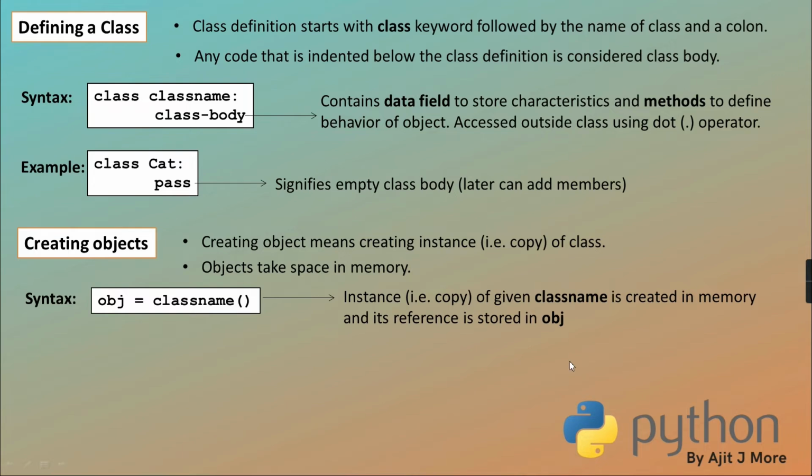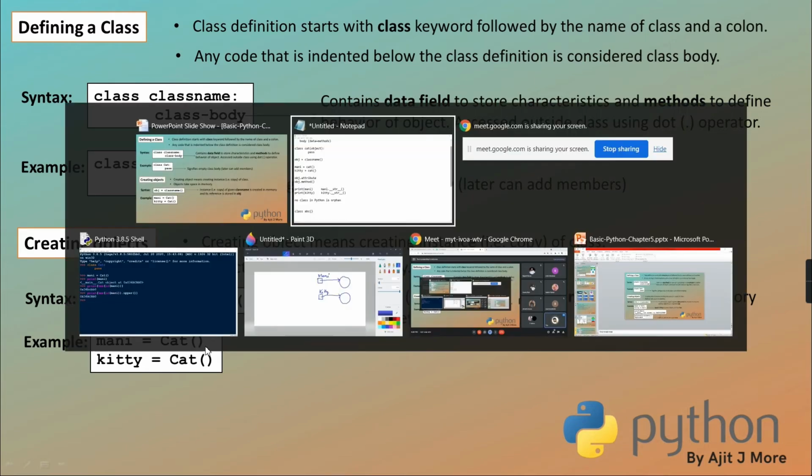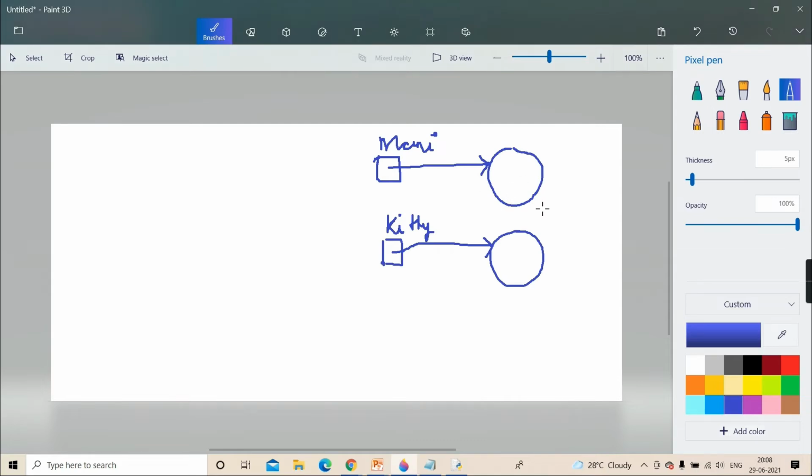Agreed, guys? Okay? As an example, see here, money equal to Cat, kitty equal to Cat. So are we creating two copies of the Cat class? One copy created, reference stored in money. One copy created means memory is allocated for one Cat object, as much memory as is needed for that Cat object is allocated.